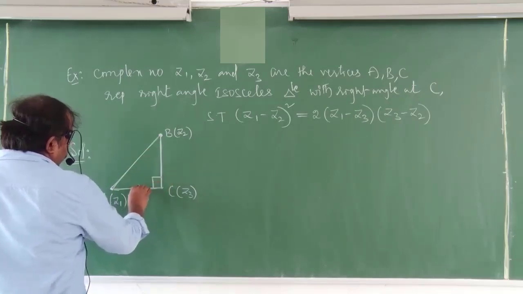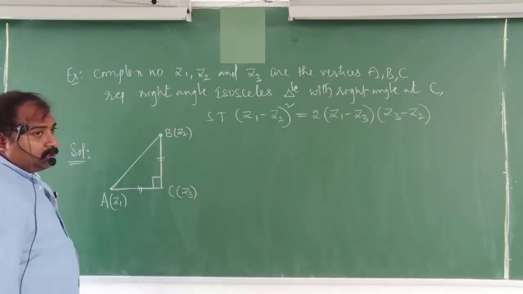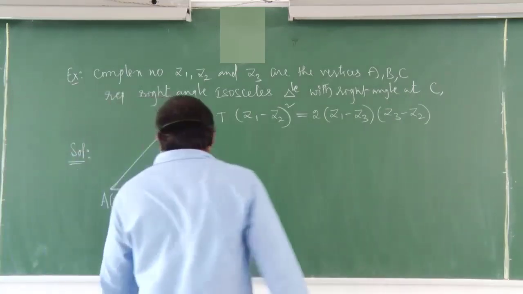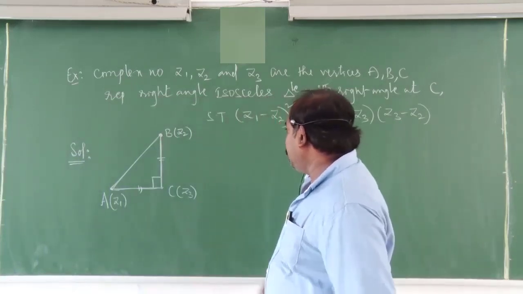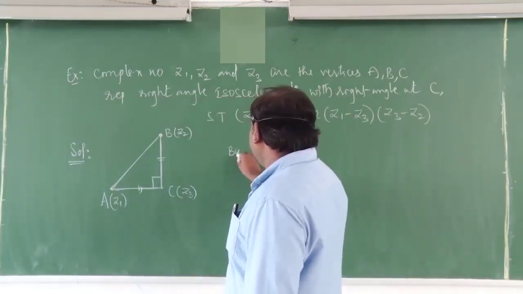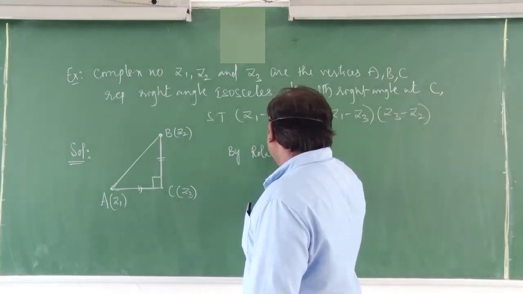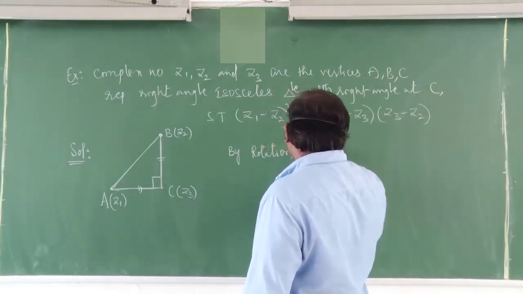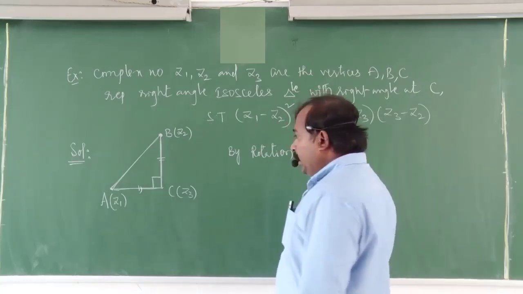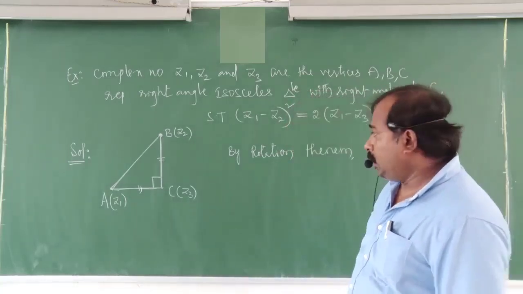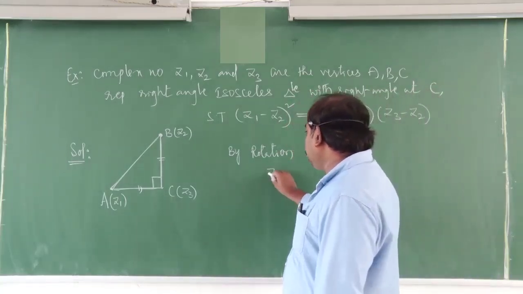Here it is a right angle, and these two sides are equal. So from this, by the rotation theorem, how can I write this value, tell me?